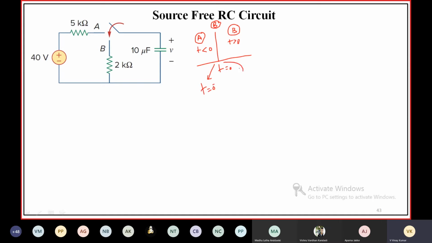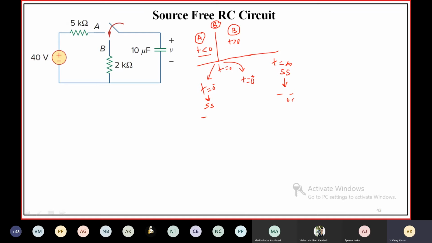This instant is t is equal to 0 plus. For t less than 0, when time approaches infinity, steady state occurs. Under steady state DC voltage, capacitor acts as open circuit. For t less than 0, steady state occurs at t is equal to 0 minus.